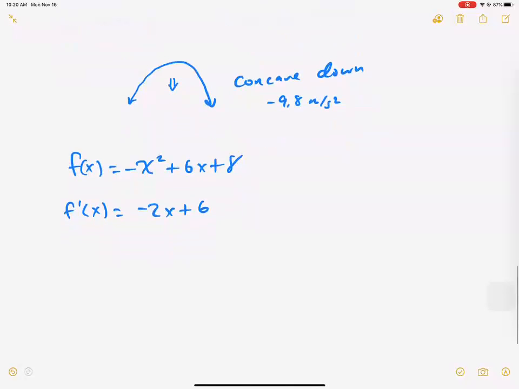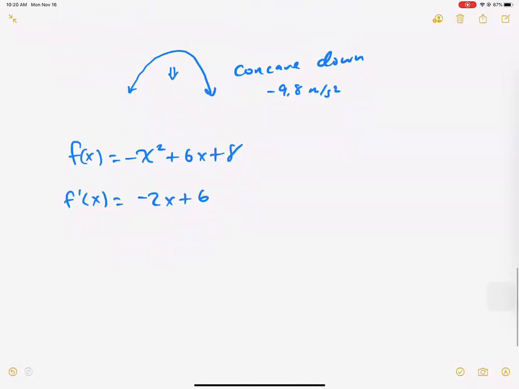And then, so we know where the change could happen. So at x equals positive 3, we have a change in sign. So let's just do our little sign chart. At 3, 0, if I plug in a number bigger than 3, 4, 5, 6, the derivative would be negative. Less than 3, the derivative would be positive.